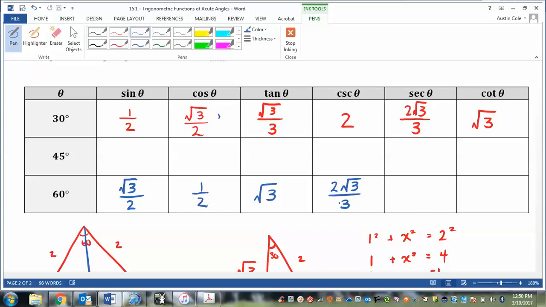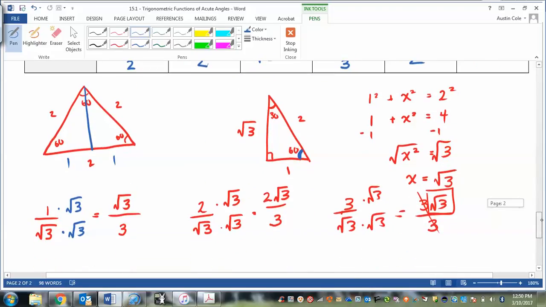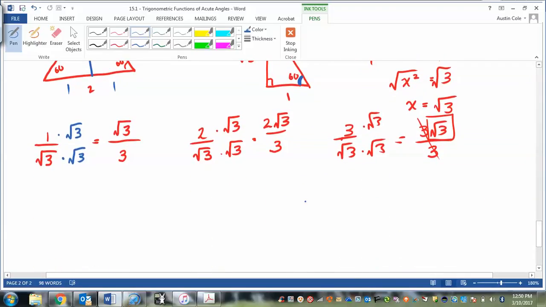So I need to reciprocate 1/2 to get 2. And then cotangent is the reciprocal of tangent. So square root of 3.